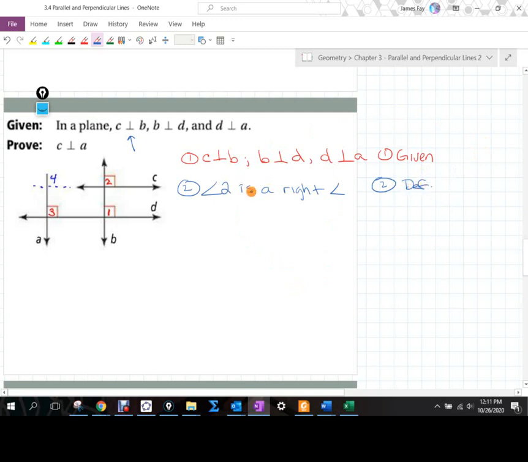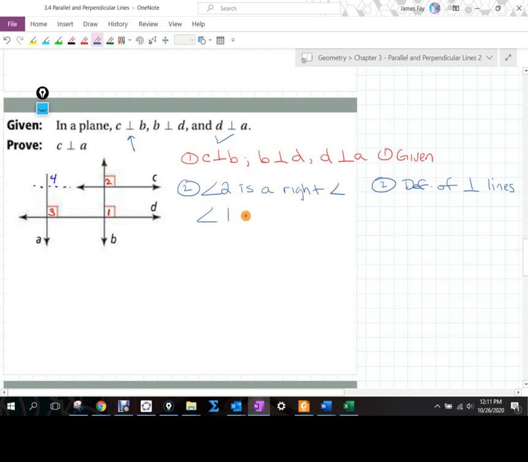And I knew that because I used that vocabulary word of perpendicular. It's the definition of perpendicular lines. That was using the first situation where C was perpendicular to B. What about here? B is perpendicular to D. What's that telling me about angle 1?